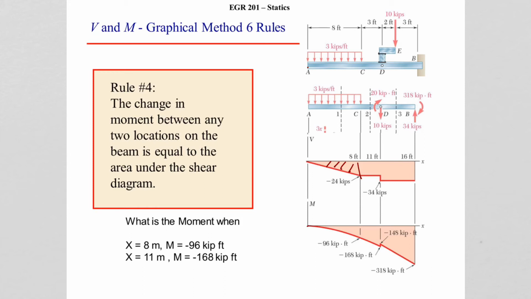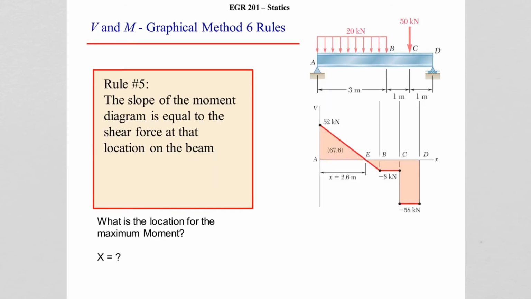The area of this triangle will be a negative 96. This amount is constant, so this will be a linear slope. So this section is linear and will increase by the amount under that section of our shear diagram. Okay, let's stop there and see what the next rule is.